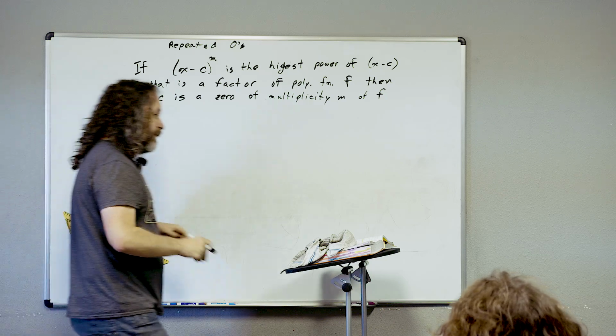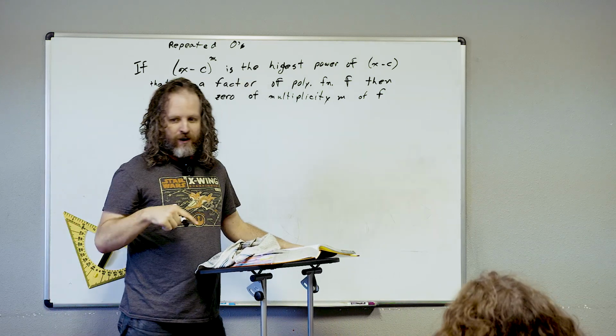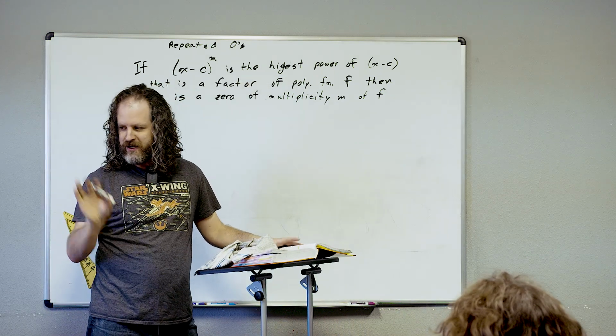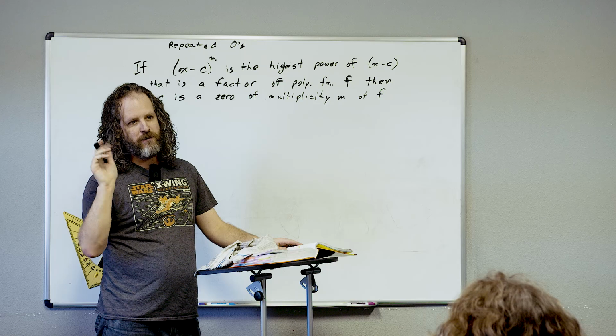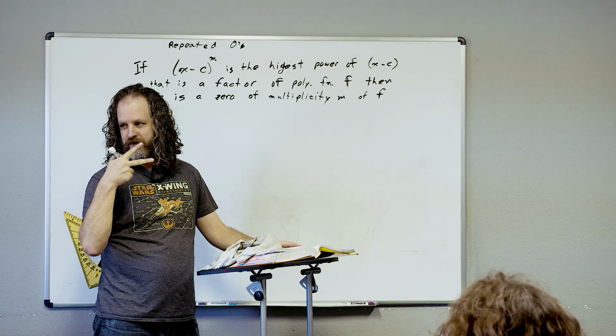Now, the multiplicity matters. We just saw one where the multiplicity caused it to just kiss the axis. It had a multiplicity of 2, because there were 2 of them.